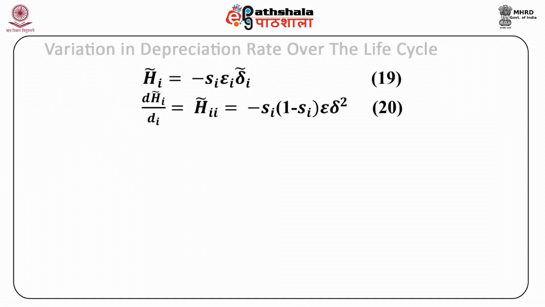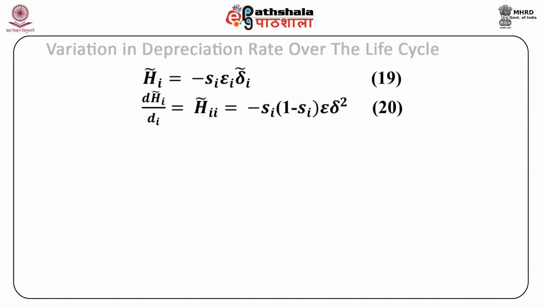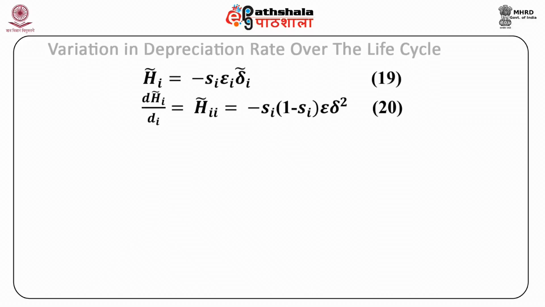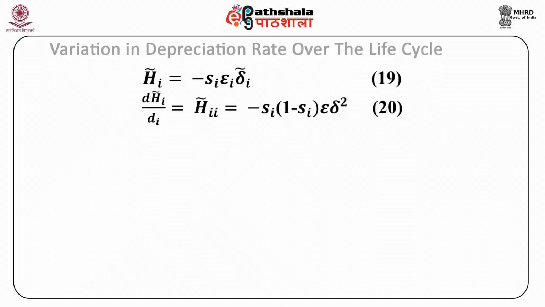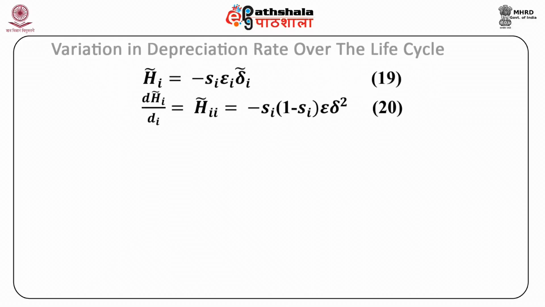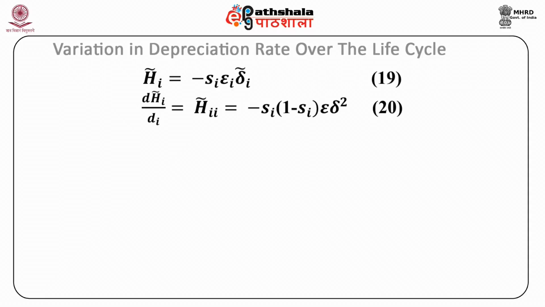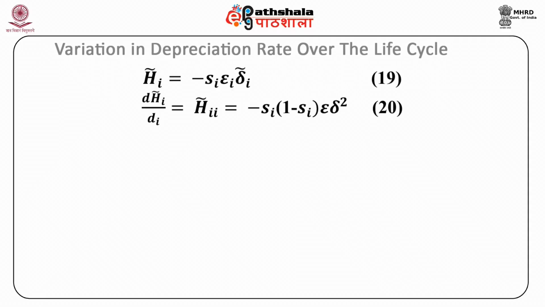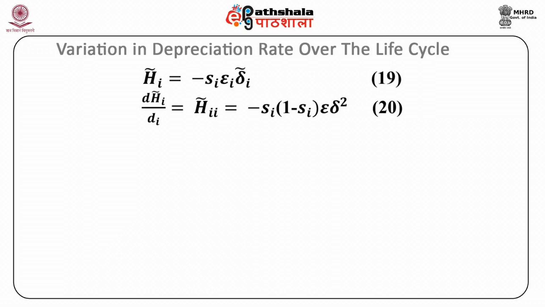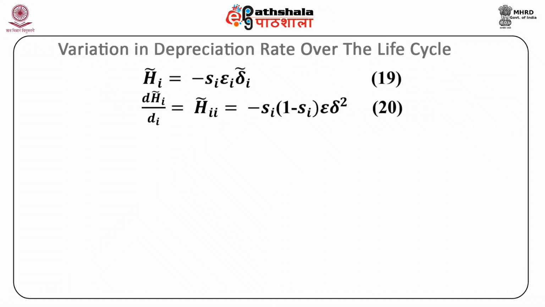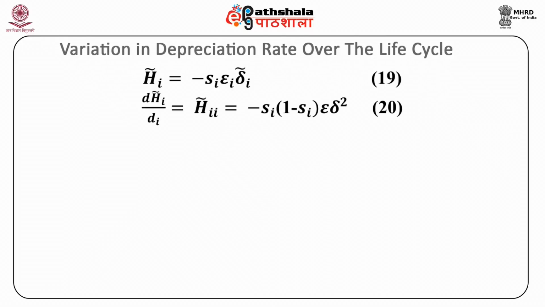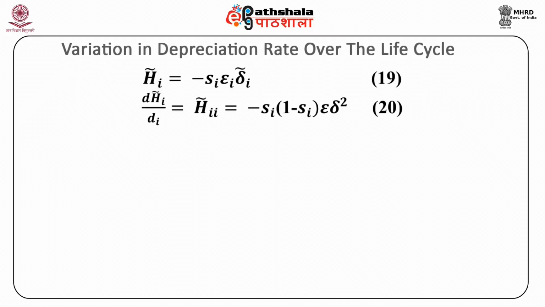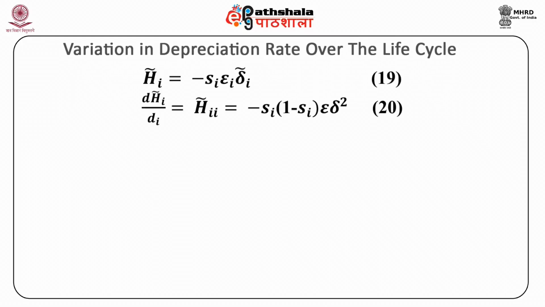H tilde i delta is equal to minus Si epsilon i delta i, equation 19. Then delta i tilde upon delta i, H tilde i delta is equal to minus Si into 1 minus Si into epsilon into delta squared.